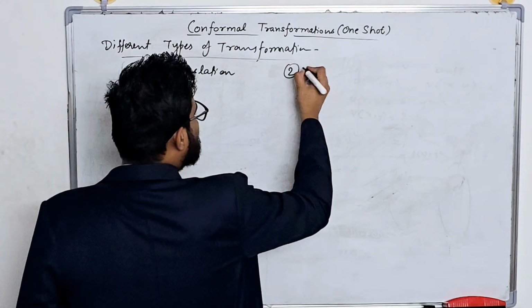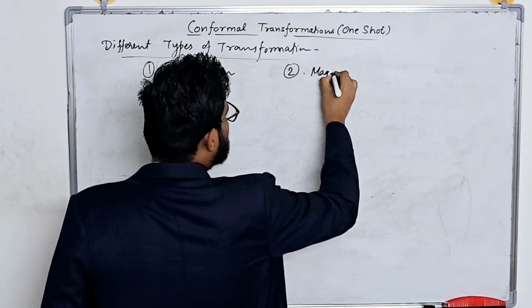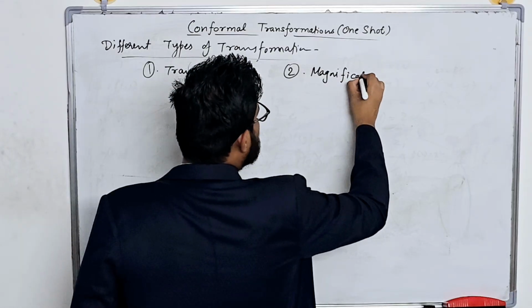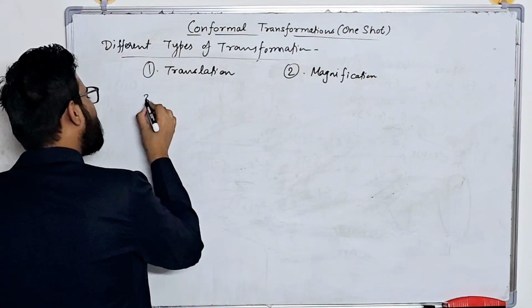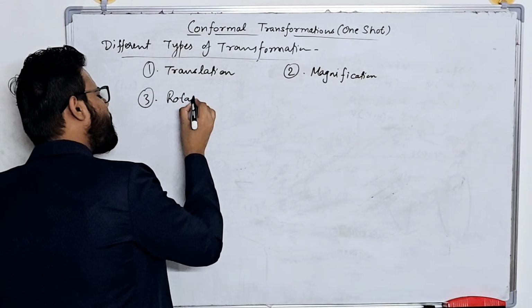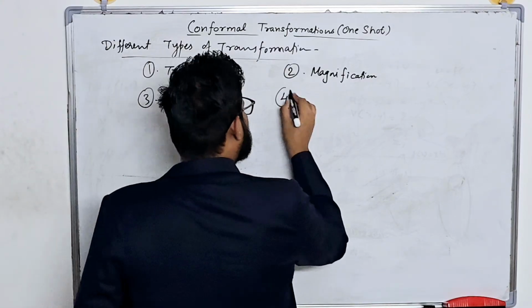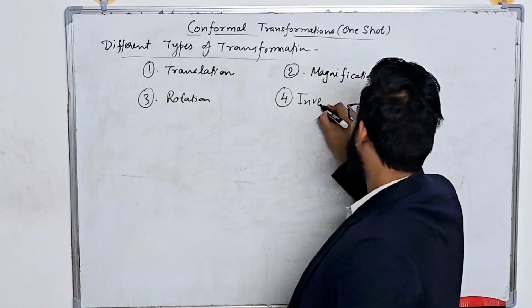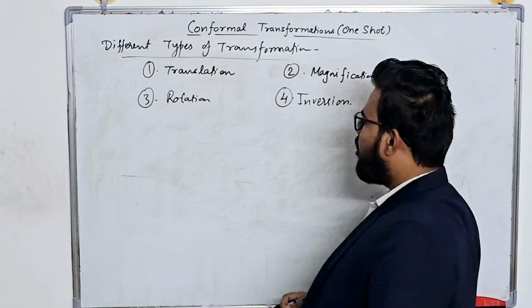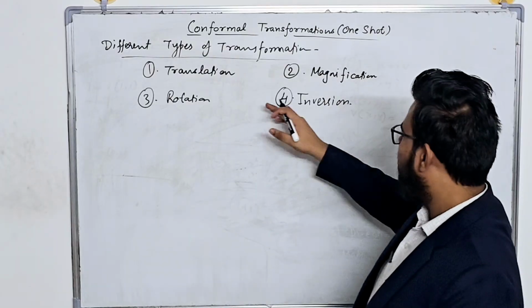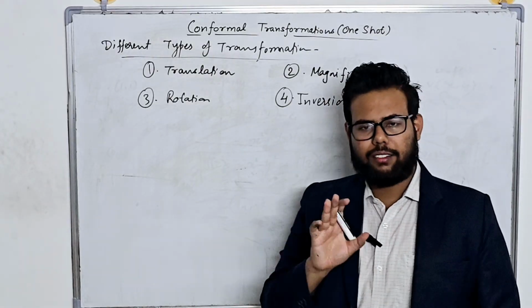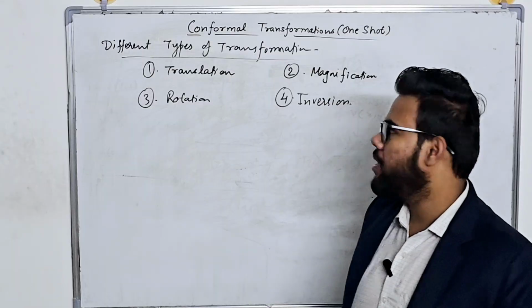The second one is magnification. The third one is rotation, and the fourth one is inversion, right? Now I know that it is a bit confusing that I already wrote the term over here, but you will understand in a few moments.